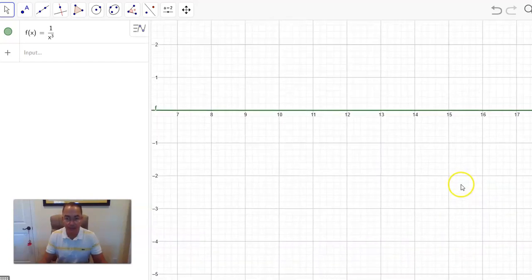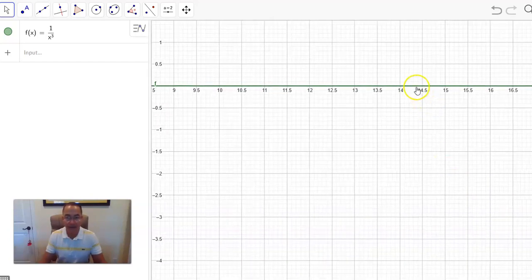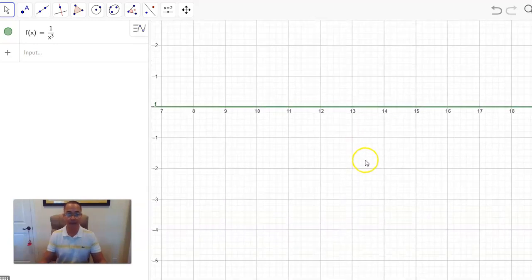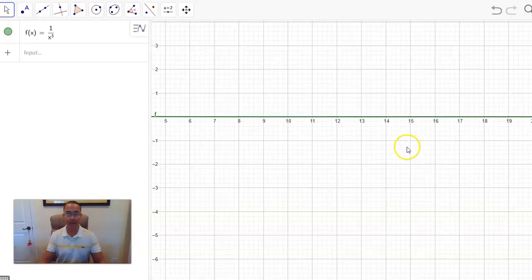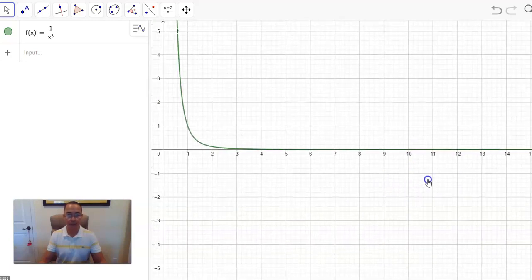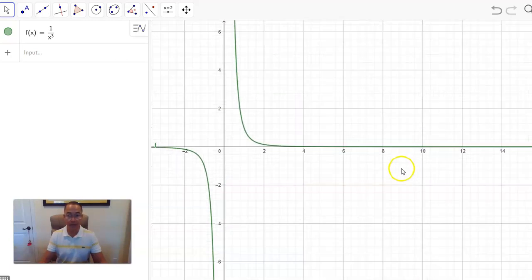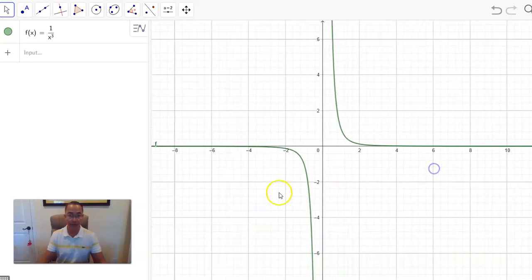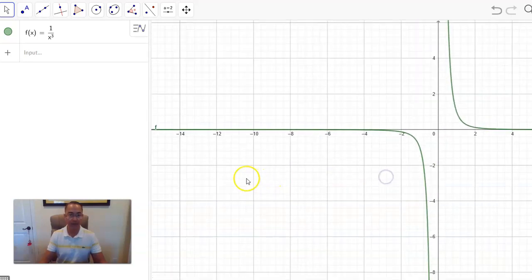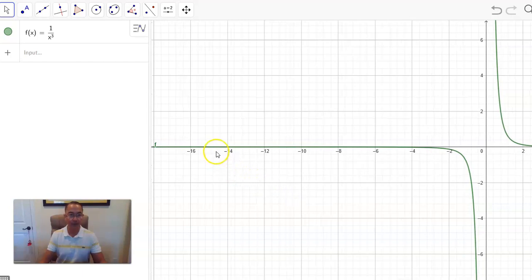Even if you zoom in, you can hardly tell it apart from the x-axis. So that tells us that our limit is 0 as x is approaching plus infinity, and as x approaches minus infinity, you're also getting closer and closer to the x-axis, which means that our limit is 0.